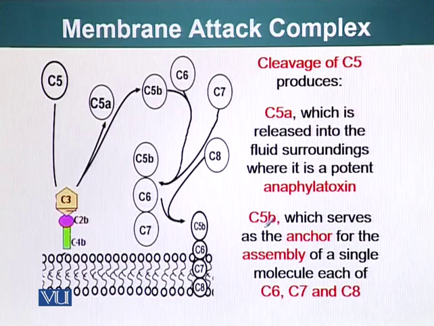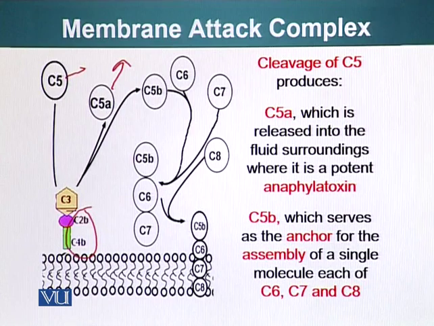First of all, C3 will bind C5 and cause a conformational change. C2b and C4b will cleave the C5 molecule into C5a, which will diffuse off. I would like to mention that C5a is also an anaphylatoxin, which will cause the release of histamine and the other effects of histamine release.